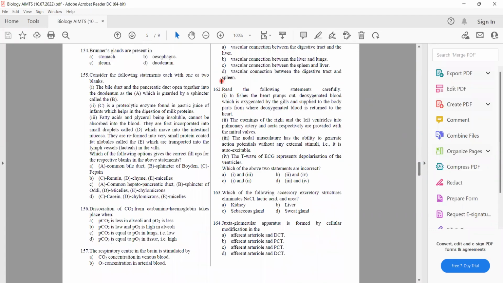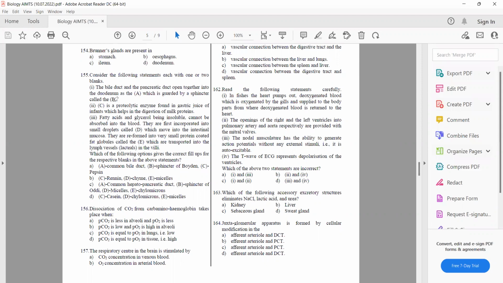Consider the following statement, each with blanks to fill. The bile duct and pancreatic duct open into the duodenum as the common hepatopancreatic duct, right? The one regulating is the sphincter of Oddi, and the blank is a proteolytic enzyme found in gastric juice of infant. It is renin.